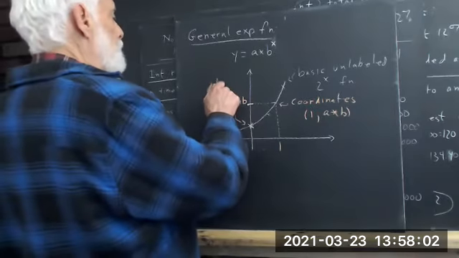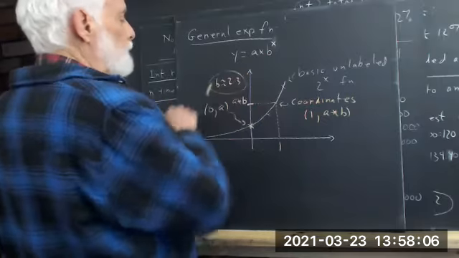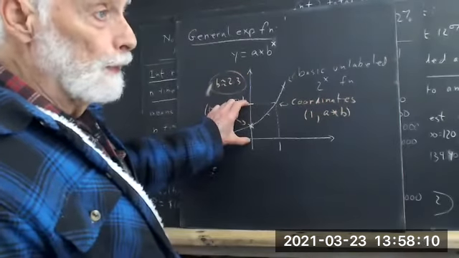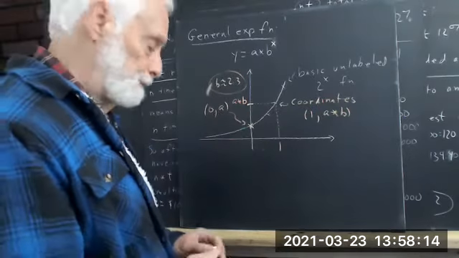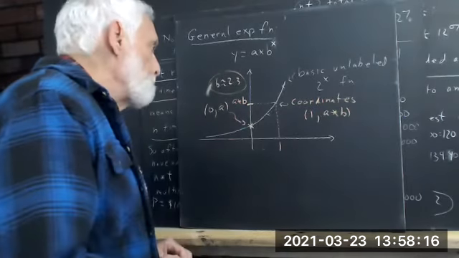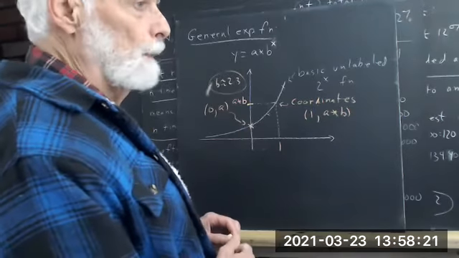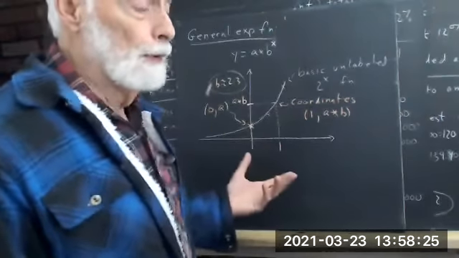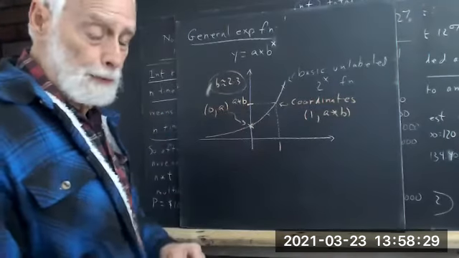So for this graph, let's say B is approximately 2.3 because this is about 2.3 times as far from the x-axis as this is. Now my point is the graph will have exactly the same shape as the 2 to the x graph, but it's going to have slightly different coordinates.